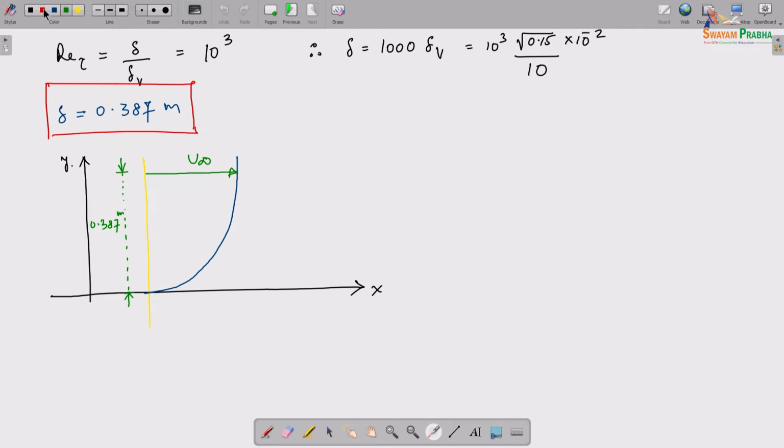Let's just say we have a height here. I'm exaggerating this. This is delta, and this is delta V, which is the viscous scale, which is delta by 1000.